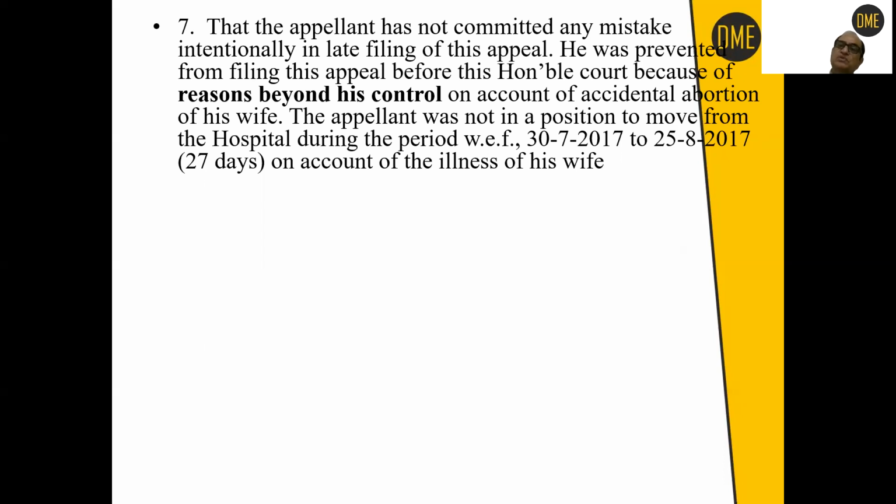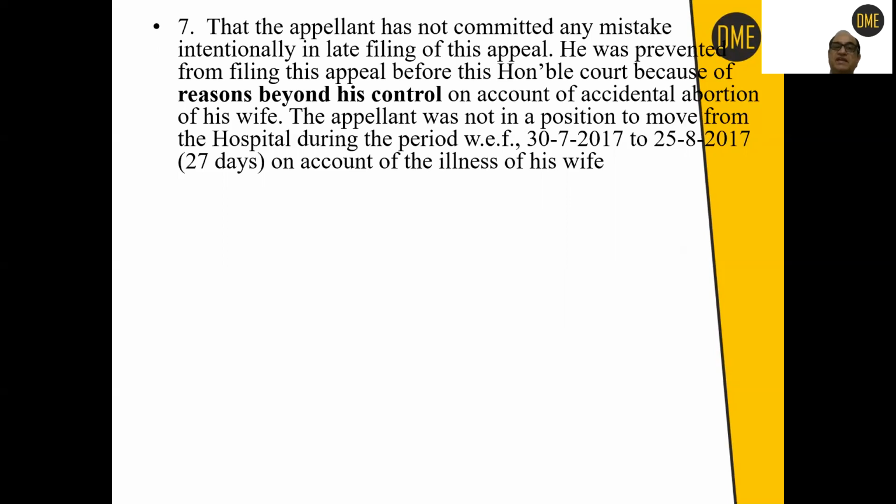Even if you exclude the time taken in certified copies, that is 15 days from 1st July to 15th July. Even if that period is excluded, still the appeal is time barred because it is being filed on 26 August 2017.